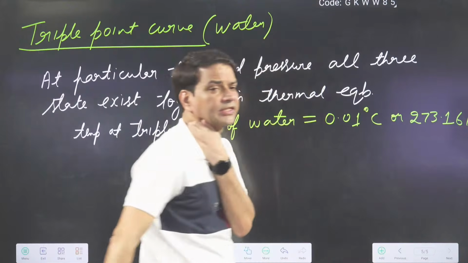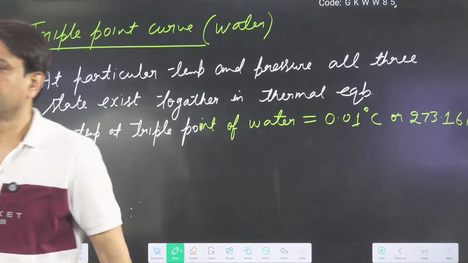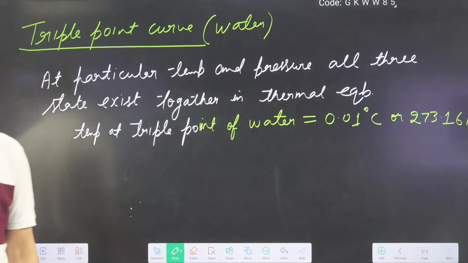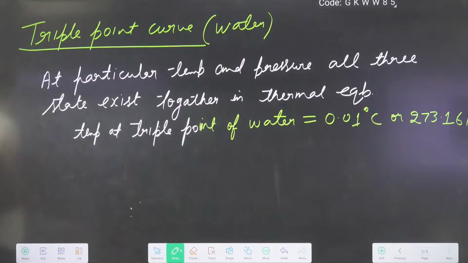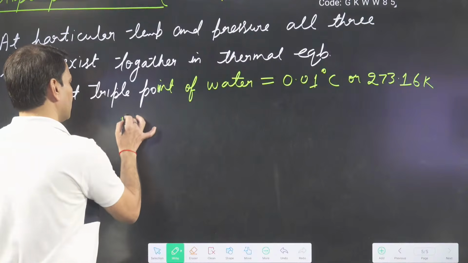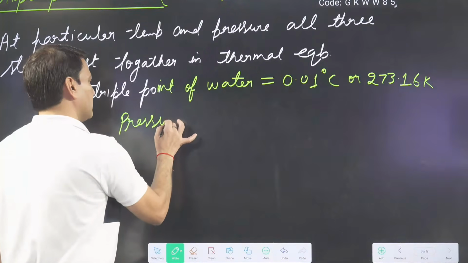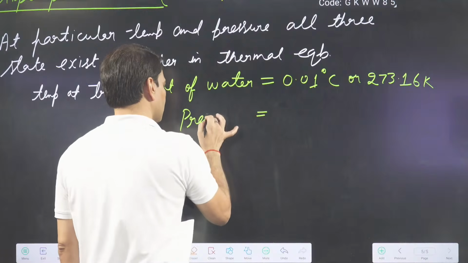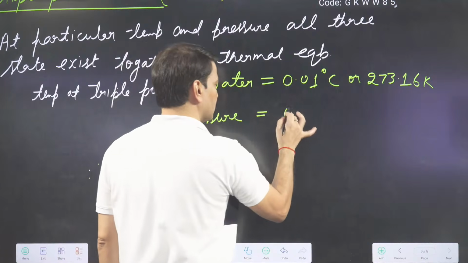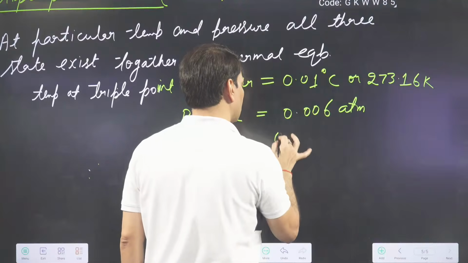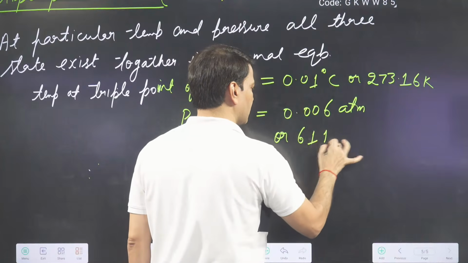Why? 273.15 is the zero degree C, but here we are getting 0.01, so that's why 273.16. Okay. And pressure, what we can say? Pressure is equal to 0.006 atm or 611 Pascal.